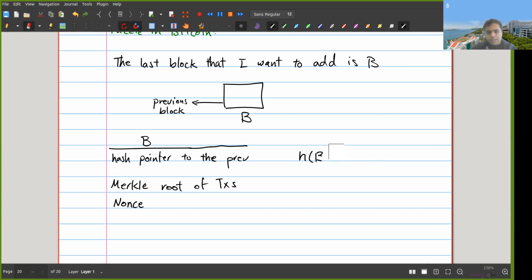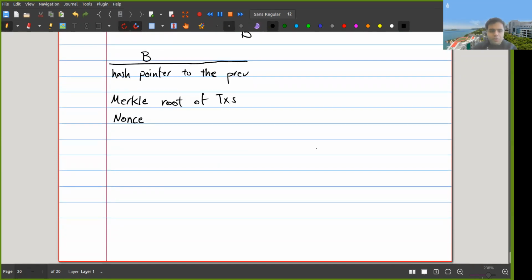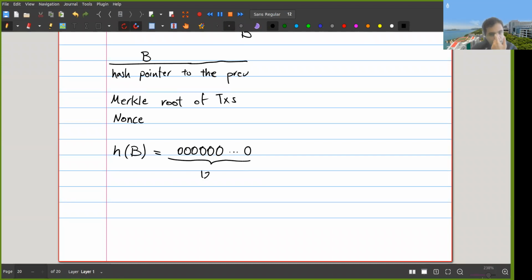Because what that means is that I want you to effectively invert the hash. I want you to find a block such that when I compute the hash of this block, written in binary, it starts with a lot of zeros. For example, I want the first 128 bits of the hash to be 0, and then the next 128 bits can be anything.